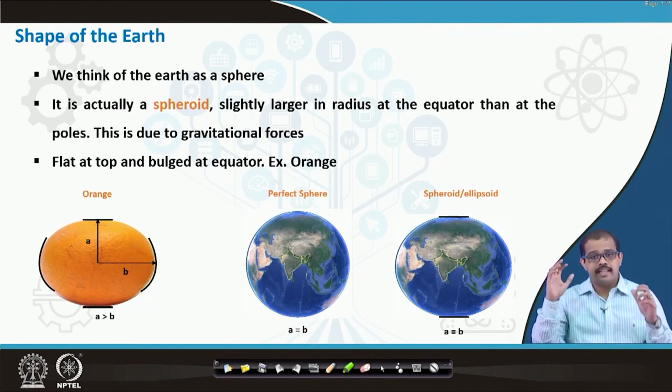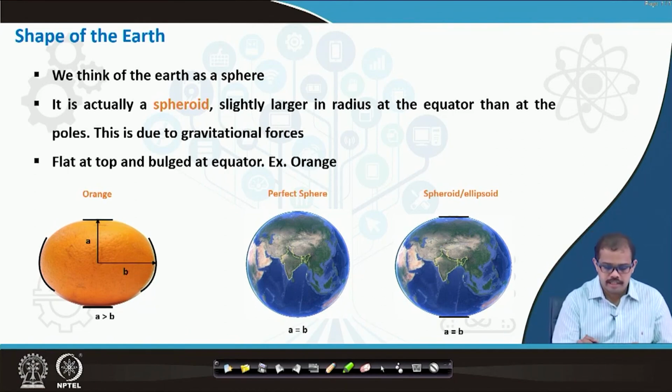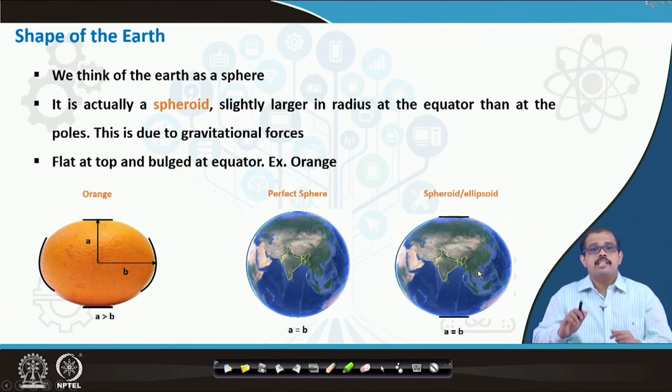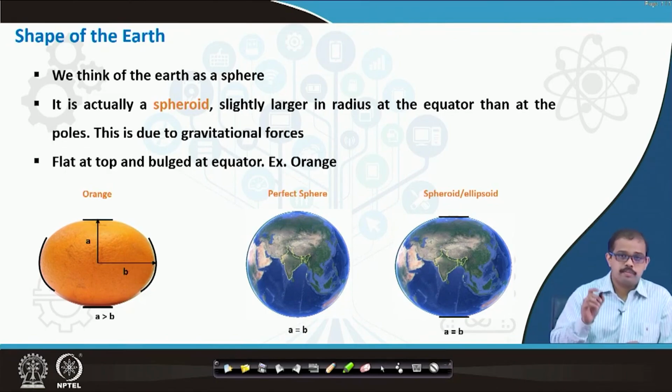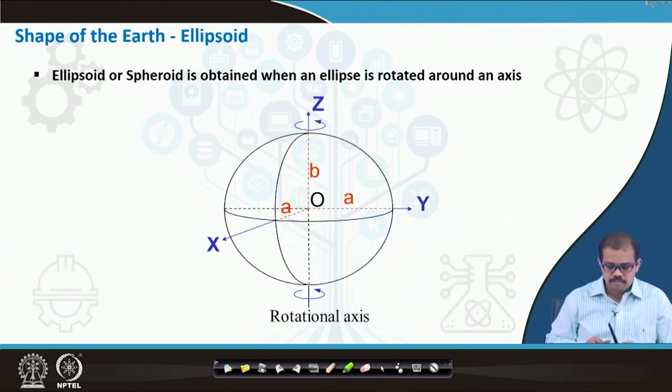If you look here, the sphere is a completely round shape, whereas the spheroid is not round, but it is bulged at the center and flat at the bottom. So that's called a spheroid. A spheroid has a major axis and a minor axis. That is what is represented here.